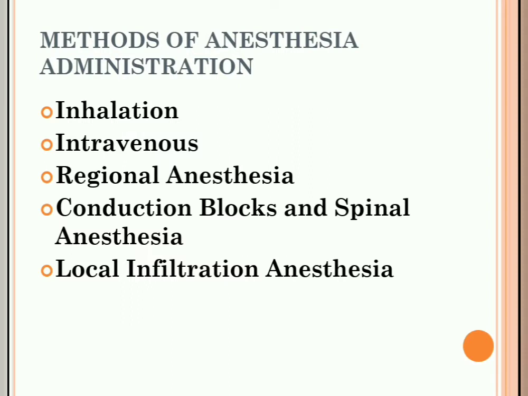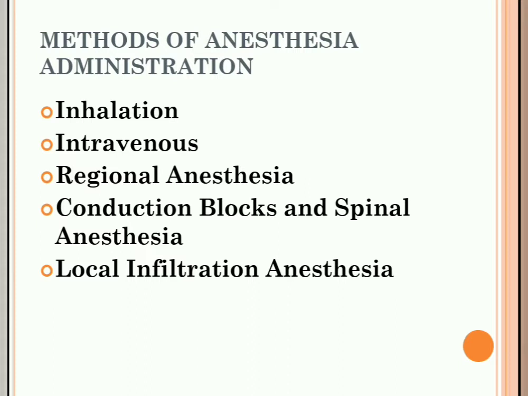Second, we have intravenous. General anesthesia can also be produced by the intravenous injection of various substances. Examples here are barbiturates, benzodiazepines, non-barbiturate hypnotics, dissociative agents, and opioid agents.